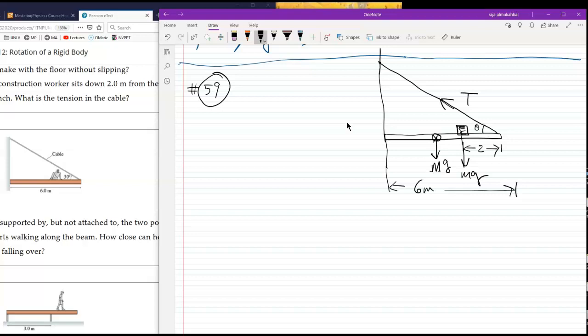But before I do anything, are there any other forces here? I put all the forces that are obvious to me: the weight of the beam, the weight of the worker, and then I have the tension. Is there something else? Right here, you get the tension, the same thing. So that's a T here.